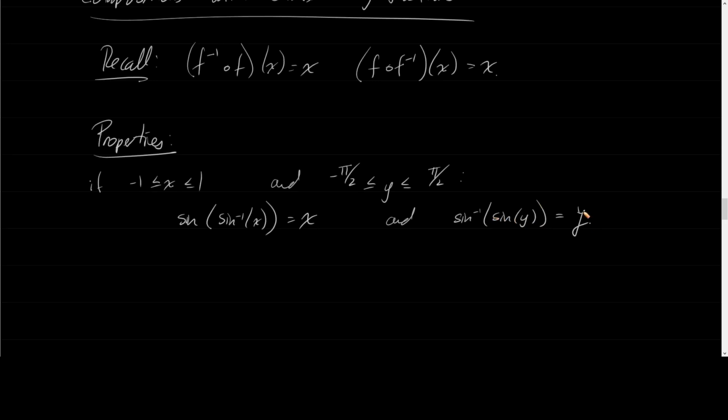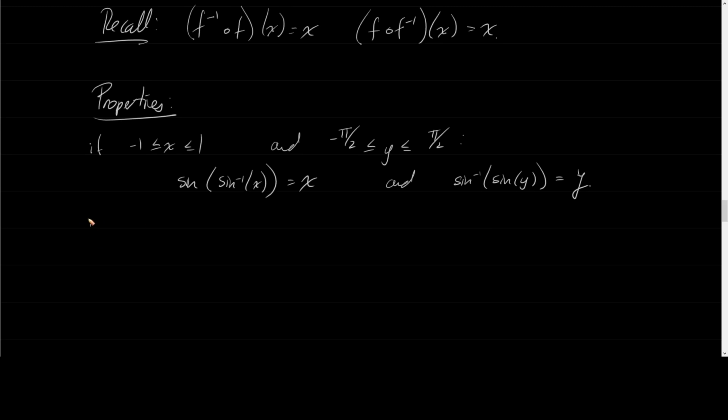Notice here that it matters what the domain is. If I have the domain being between -1 and 1, then I have sine inverse on the inside. But if the domain is between -π/2 and π/2, then I've got sine on the inside.